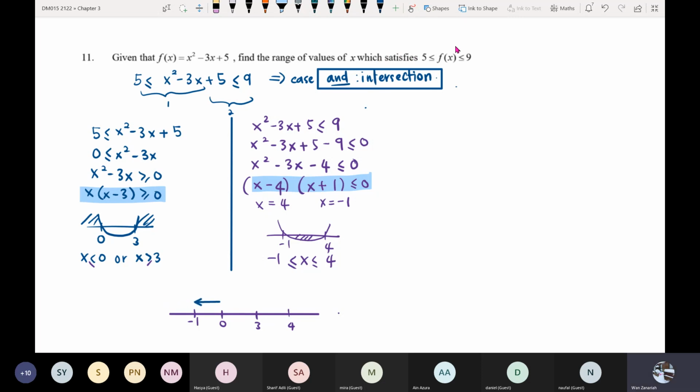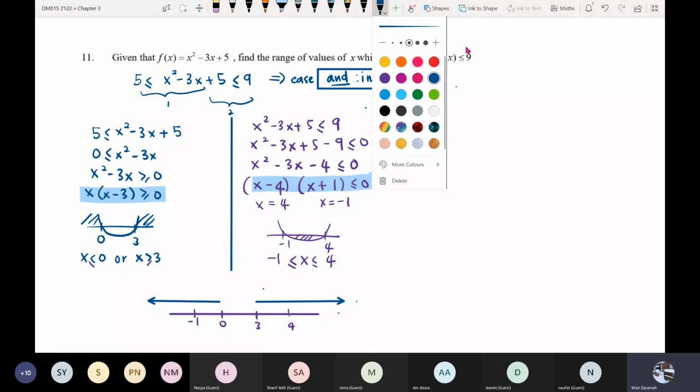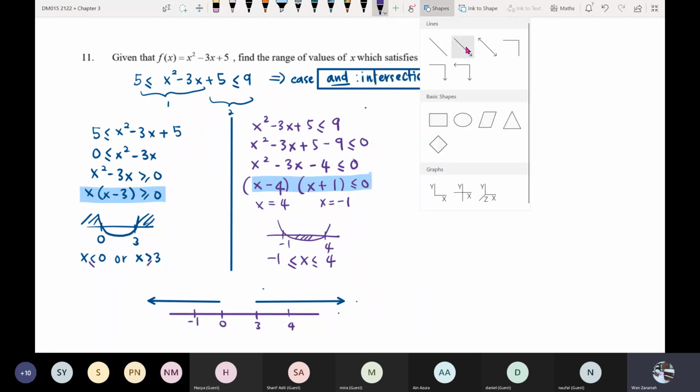Tarik panjang, jangan malu-malu sebab dia bukan sampai negative 1 tetapi sampai negative infinity. Okay, so lepas tu x is greater than 3. Ni pun sama. Ini 3 dengan 4 je. Mesti tarik sampai sana hujung. Okay, so now barulah purple.